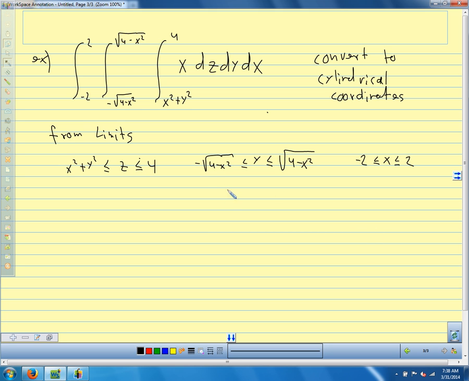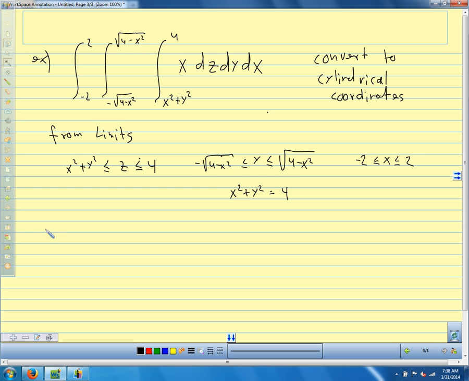All right, so let's look at, first off, what is this? That's a circle. This tells us that we have x squared plus y squared equals 4. So in the xy plane, we have a circle. And we have the complete circle, not just a half circle, because we have negative square root of 4 minus x squared to square root of 4 minus x squared.